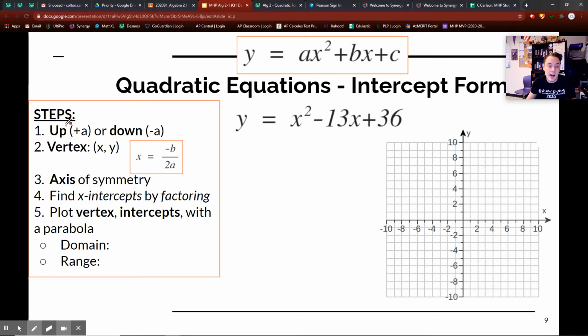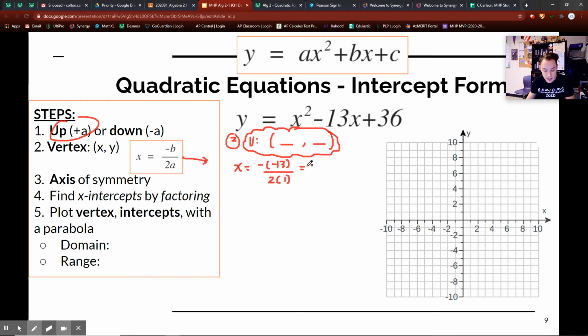Is it going to open up or down? It is going to open up because that's a positive. My second step is to find my vertex. So the vertex is going to be blank, comma, blank. I can find it by using this formula right here: x equals negative b, which is -13, all over 2a, and my a value is 1.